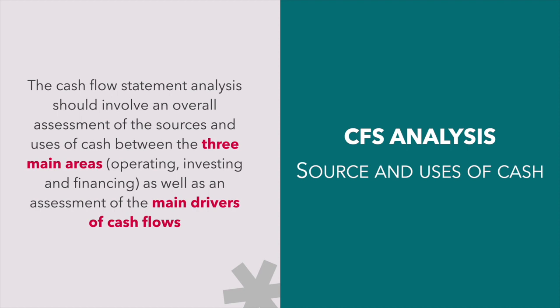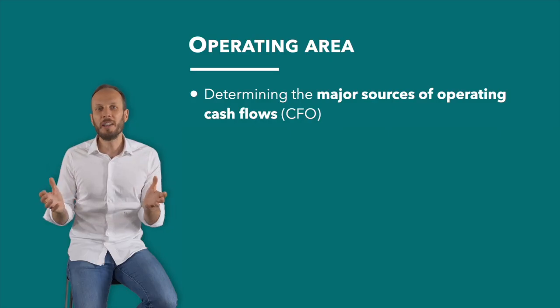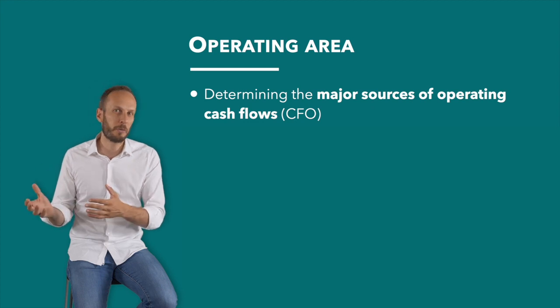The cash flow statement analysis should involve an overall assessment of the sources and uses of cash between the three main areas: operating, investing, and financing, as well as an assessment of the main drivers of cash flows. Operating activities include determining the major sources of cash flow from operations.